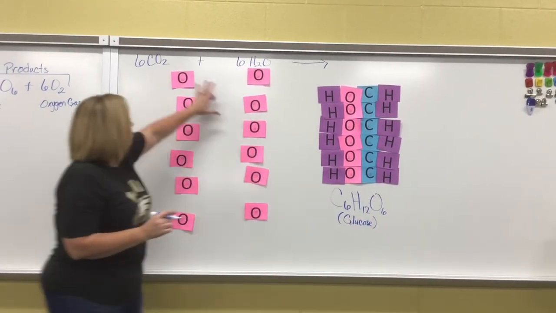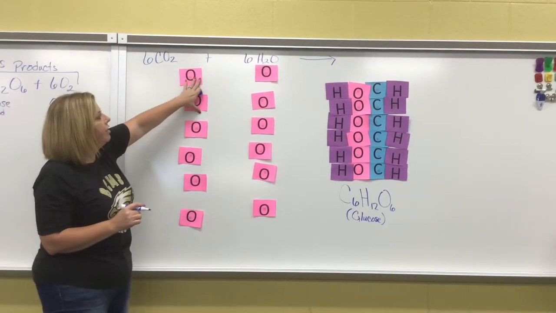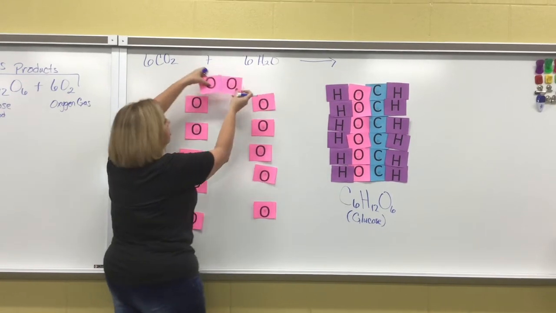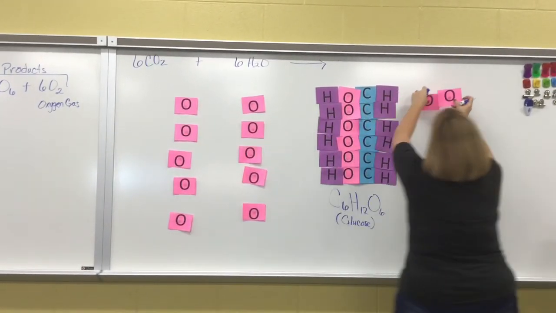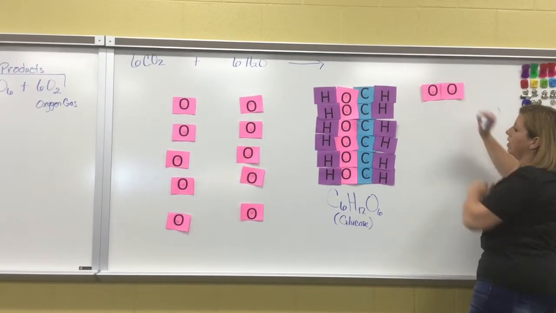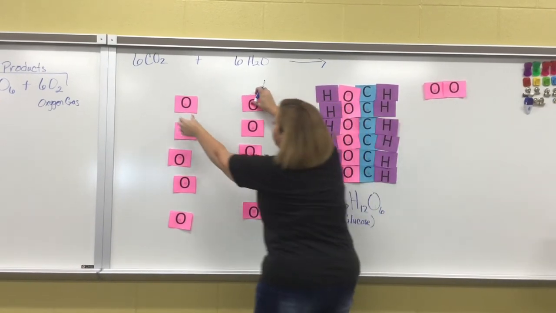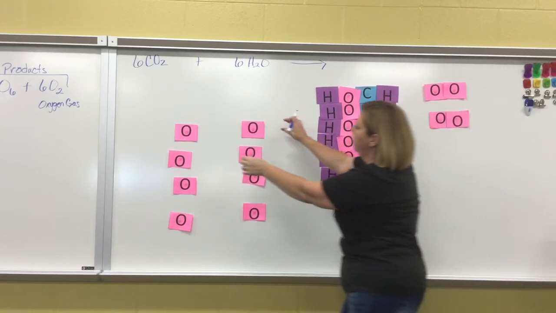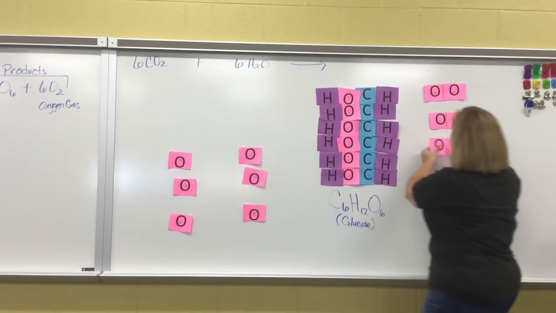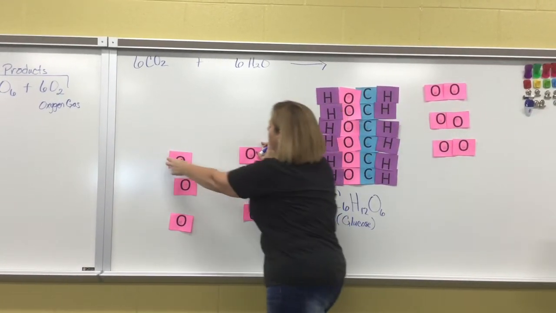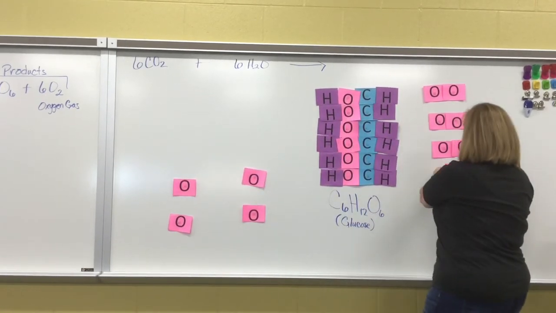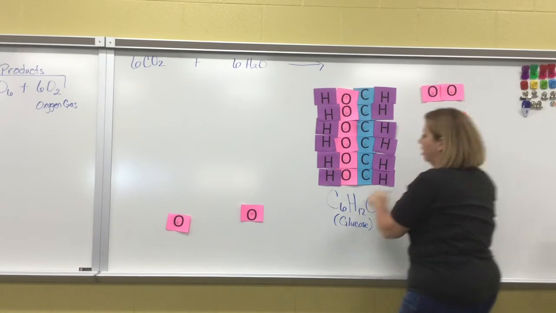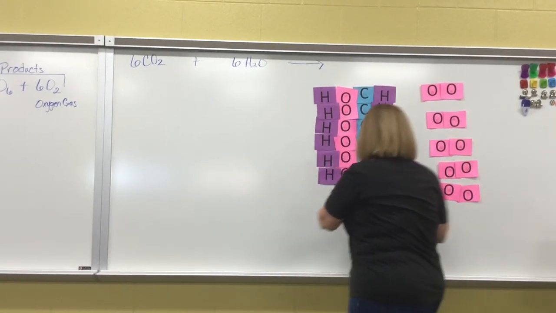But look what I've got left over here. I can't just leave this here over on the reactant side. So what happens with this extra oxygen, they come together in pairs because that's how it likes to be in the gas form. So I'll have O2, another O2, another O2, another O2, another one, and then the last one.